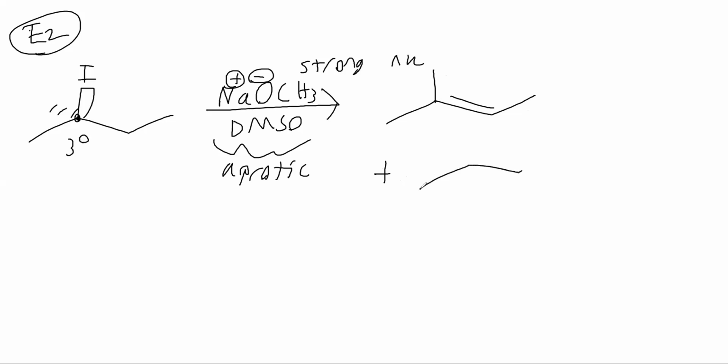Like I was saying, it's generally a good idea to draw everything unless he tells you specifically he doesn't want it. Which one of these is going to be the major product? Top, yes.